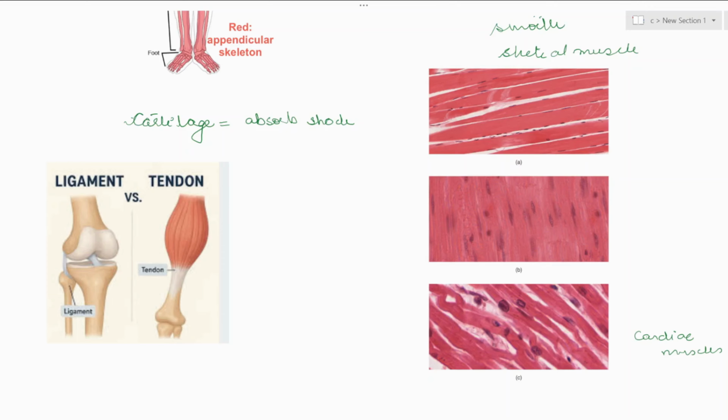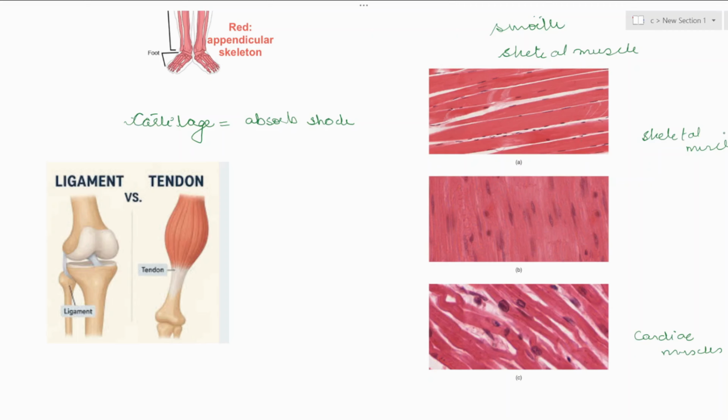These ones are the skeletal muscles. They are basically connected to our skeleton or present in our limbs like the shoulders and the legs, and they help in movement. They are connected to the skeletal system.